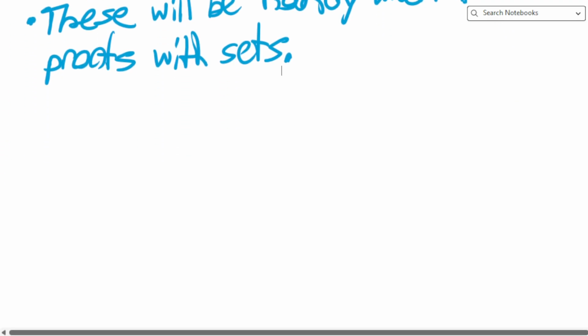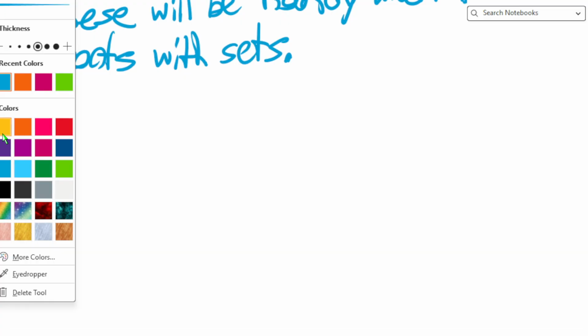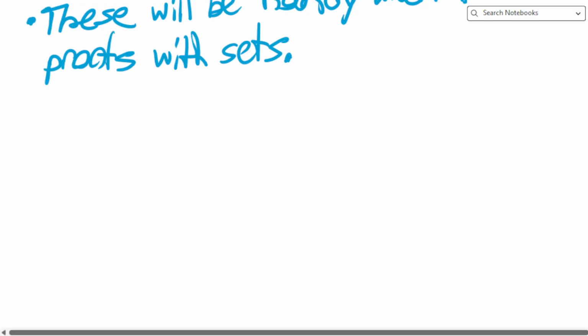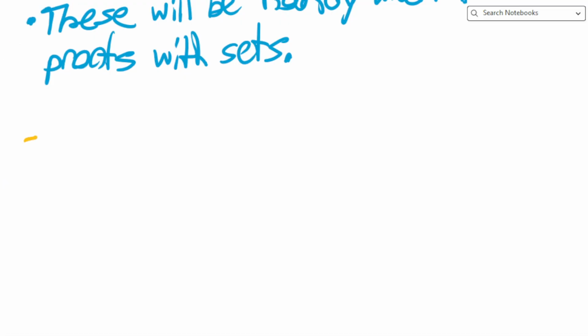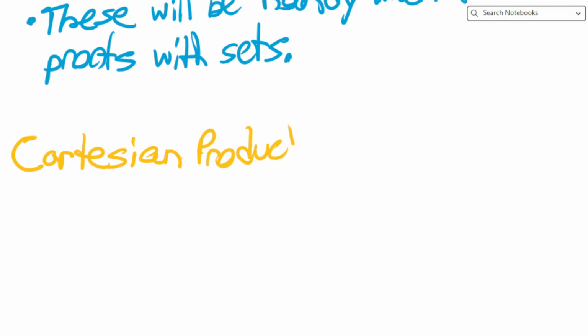And then the last thing we will look at is Cartesian products of sets.